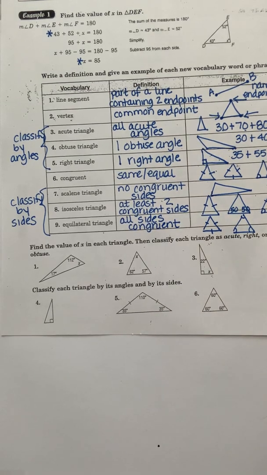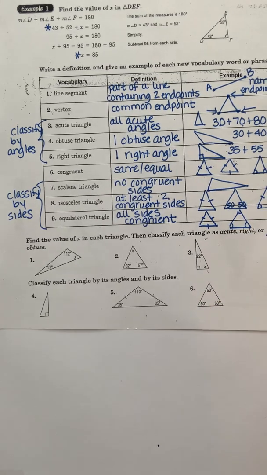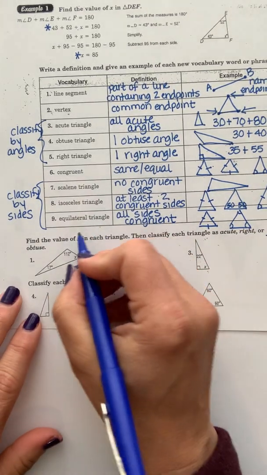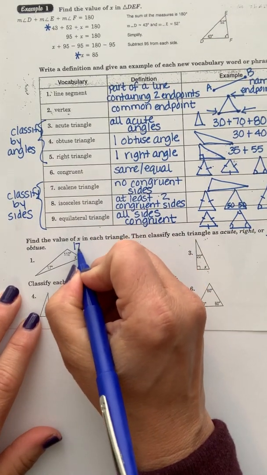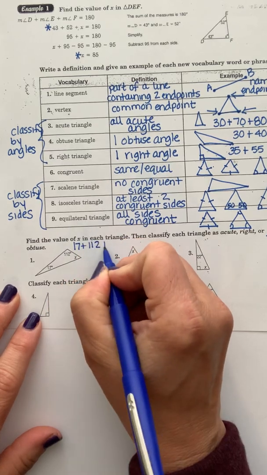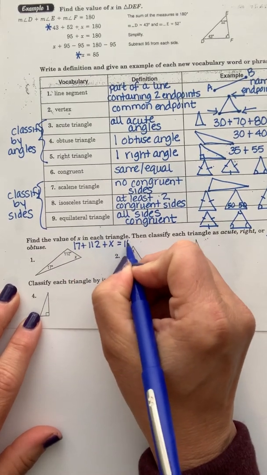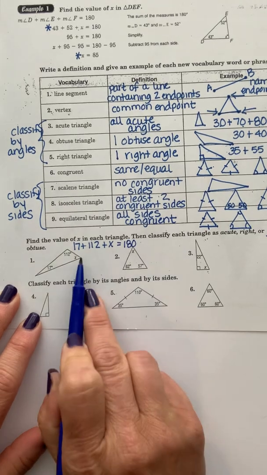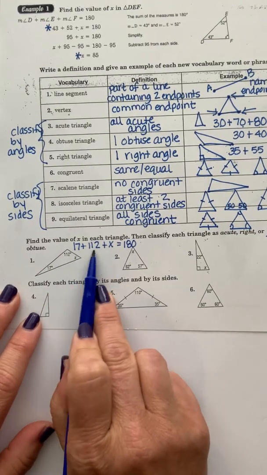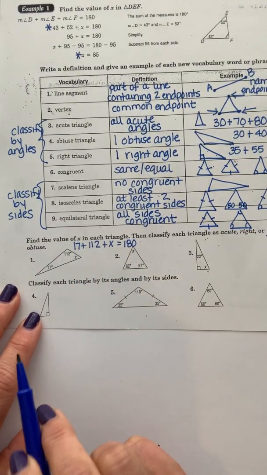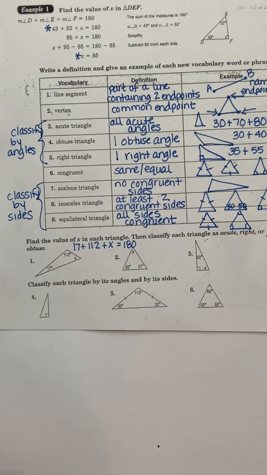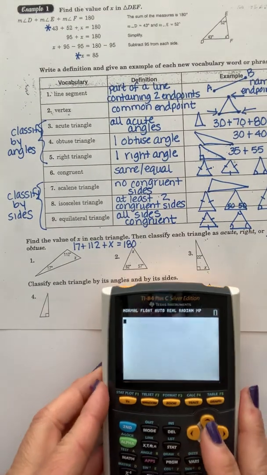All right, so showing work on these. Obviously, I'm not going to see your work right now, so I would want you to show me that you are writing an equation and that it adds up to 180. I'm okay with you not showing me the addition and then subtracting it from the 180. You could just take your calculator, add the 2 of them up.